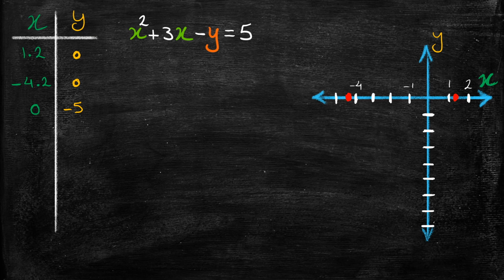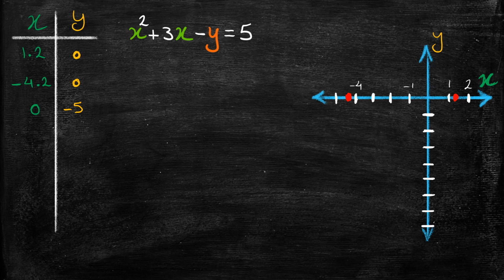So these 2 points lie on the x-axis because the y value is 0. And these are actually the intercepts of this equation. These are the x-intercepts because the function is crossing the x-axis. So these are the x-intercepts.